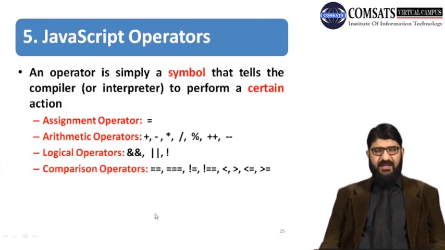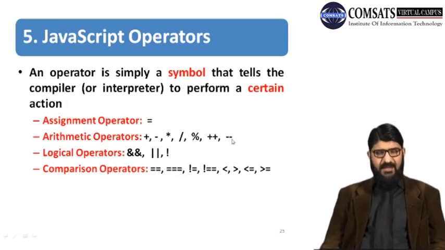The second category of operators is arithmetic operators. See, the plus symbol, minus symbol, asterisk symbol, division symbol, percentage symbol, increment symbol, decrement symbol, these are all arithmetic operators. Then logical operators.